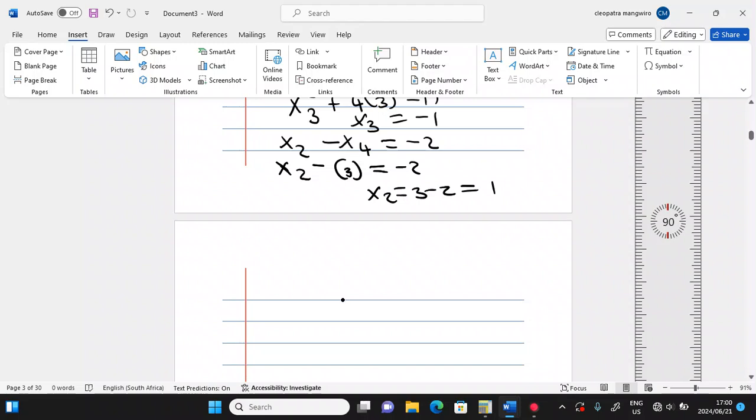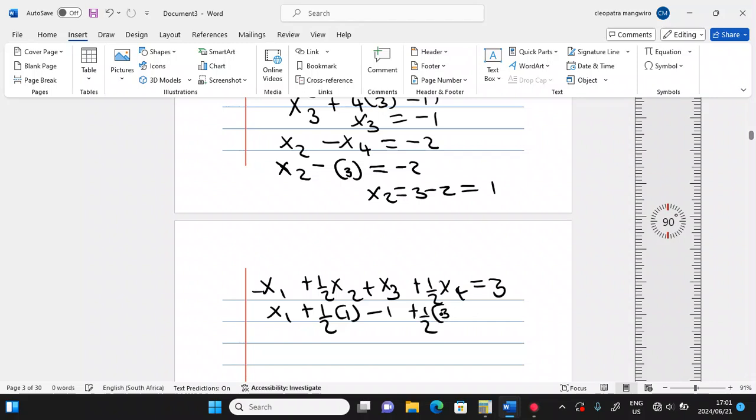Then after getting x2, we do the last operation for x1: x1 plus 1 over 2 x2 plus x3 plus 1 over 2 x4 is equal to 3. Substituting, x1 plus 1 over 2 times 1, plus minus 1, plus 1 over 2 times 3, equals 3. If we simplify, x1 plus 1 is equal to 3.